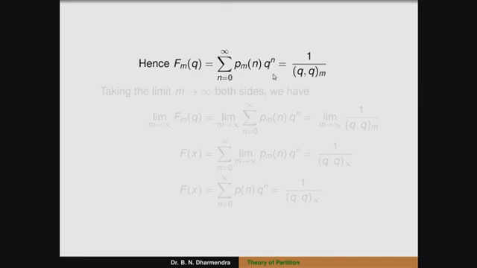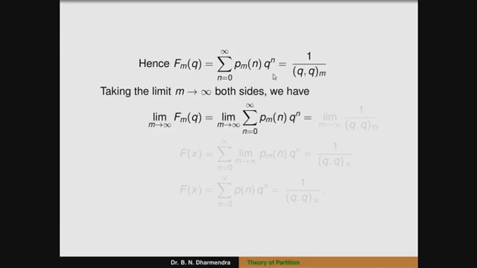After taking the limit on both sides, we get the limit as m tends to infinity of f_m(q) is equal to the limit as m tends to infinity of the summation from 0 to infinity of p_m(n) q to the power of n, which is equal to the limit as m tends to infinity of 1 divided by (q;q)_m.